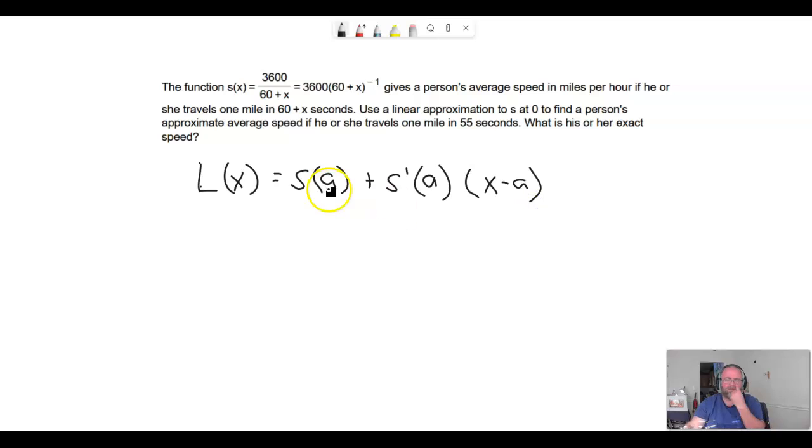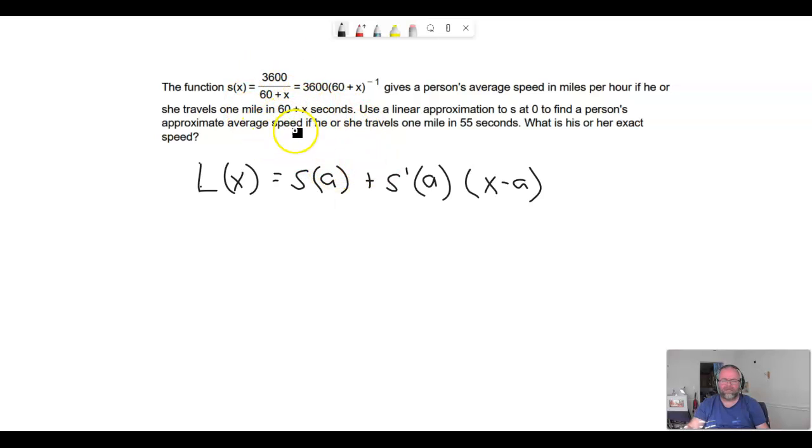All right. So in order to use the linear approximation, remember what this is. This is taking a tangent line at a certain value and then figuring out where the y value is on that tangent line instead of the actual function. And we usually will get a value that's pretty close to what the real value is.